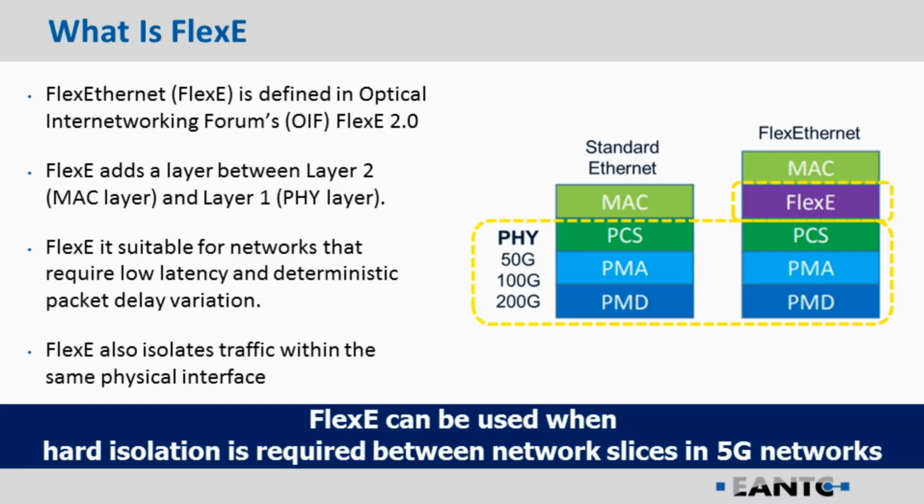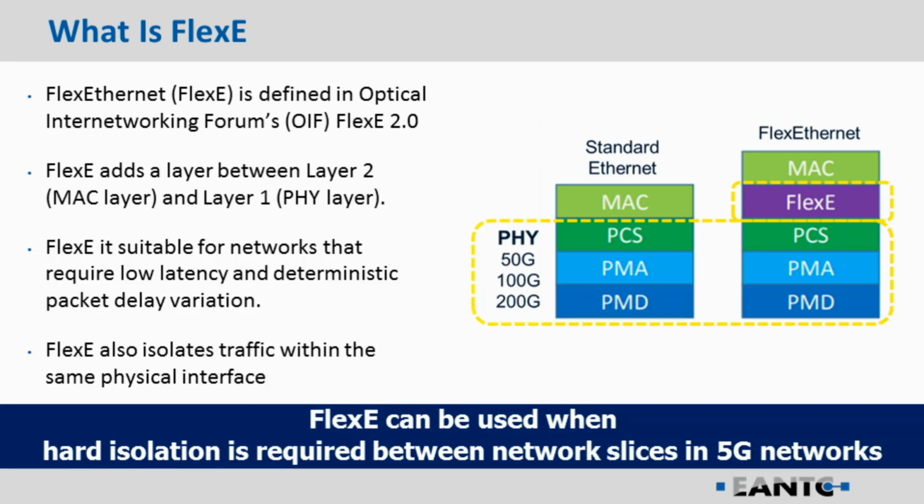Just a background on what FlexE actually is. FlexE started in the data center, and the Optical Internetworking Forum decided, this is something brilliant, so let's make it a standard. What we are doing now is implementing FlexE 2.0 of the OIF.